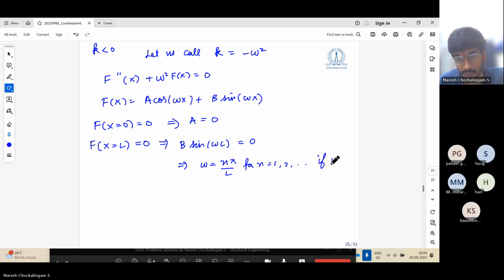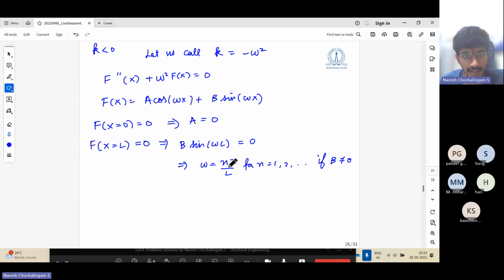If b is not equal to 0. Again, if a equal to 0, b equal to 0, we get the useless solution, which is the temperature is 0 everywhere at all times. But that is not what we have. We have an initial temperature distribution at T naught. So b doesn't matter.